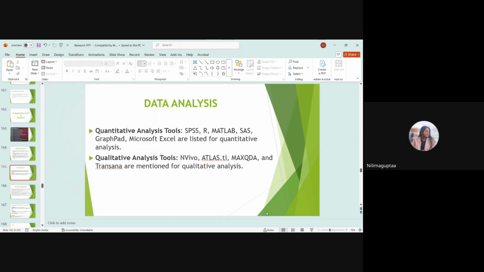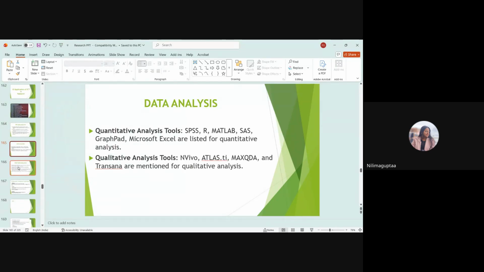Then you have qualitative analysis tools like NVivo, Atlas.ti, MAXQDA, and Transana mentioned for qualitative analysis. They might ask you whether it is qualitative or quantitative. So this is after you have collected your data and everything. These are the ICT tools that help you in your research.